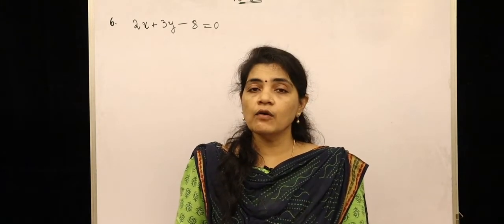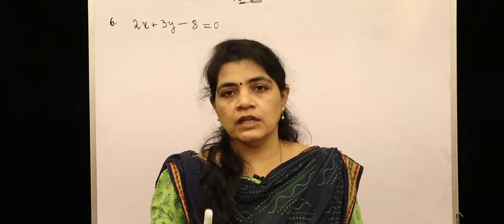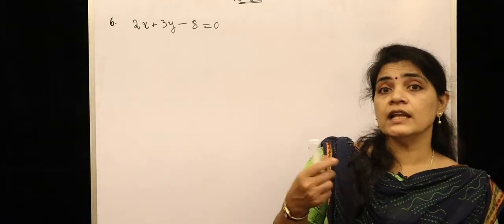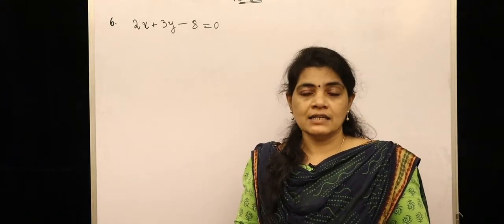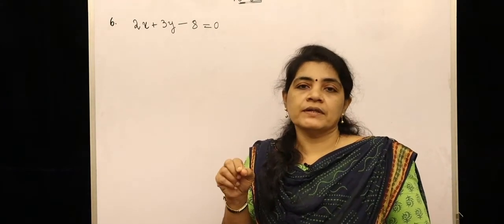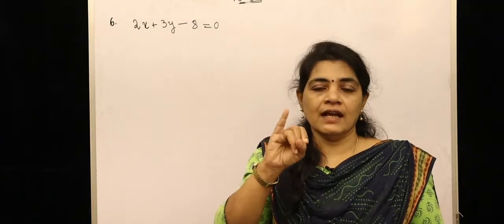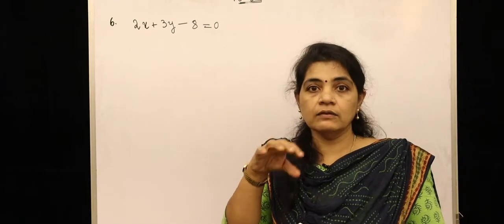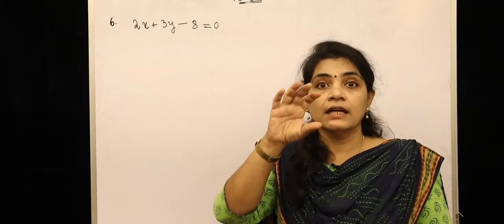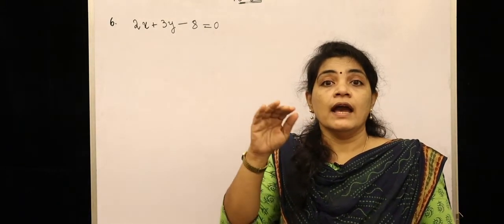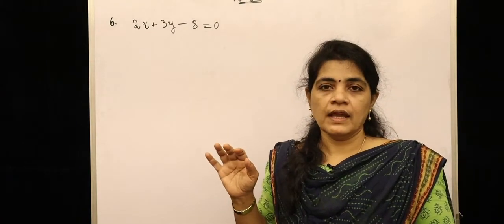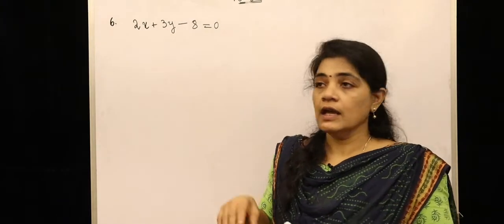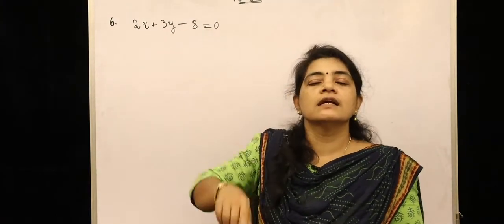That means we are given a linear equation in two variables, and you have to write one more linear equation in two variables such that the geometrical representation is intersecting lines. That is the first one. In the second pair, the new equation we write must form coincident lines. And the third pair should be parallel lines. And for that we are given only one single equation.